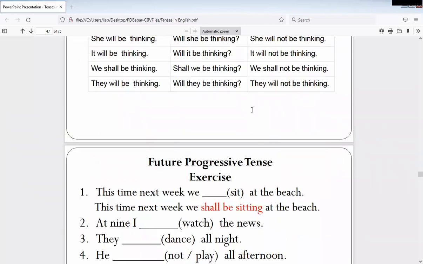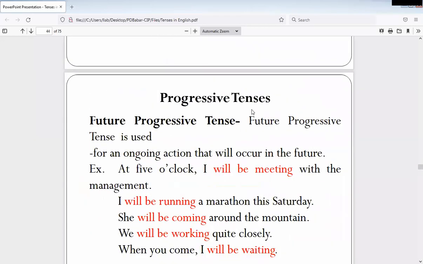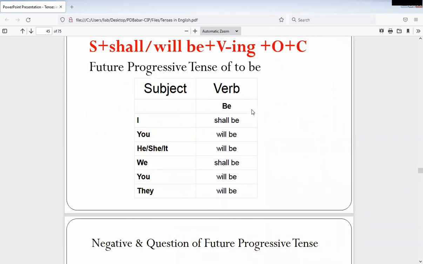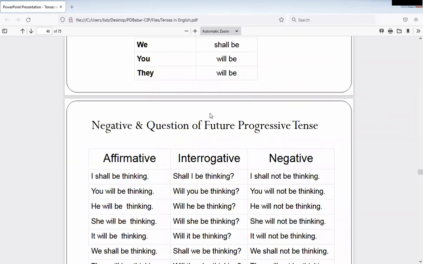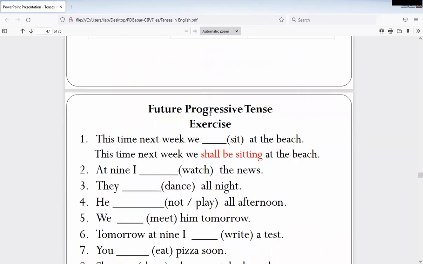So in this lecture we have discussed the future progressive tense and its structure: subject plus shall be or will be plus V-ING plus object plus complement. We have also seen the subject and verb that we use for future progressive tense. We have done the affirmative, interrogative, and negative, and the exercise below.